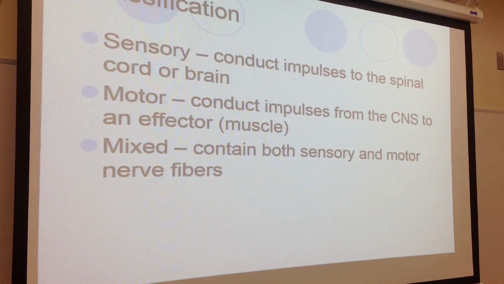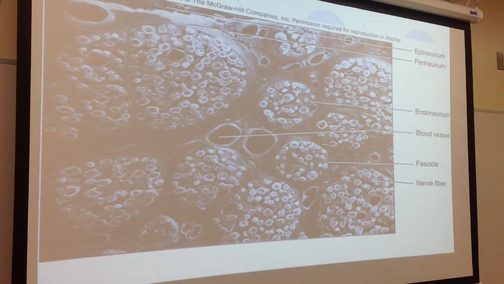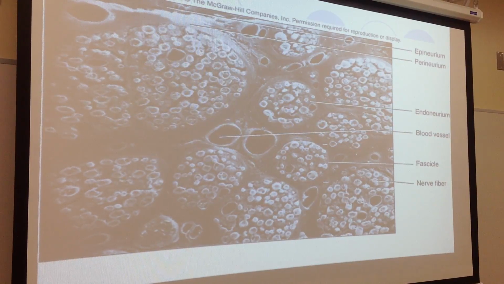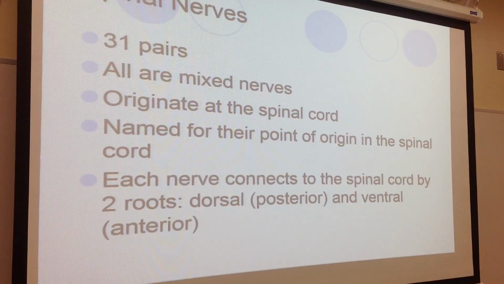And they're mixed together in that nerve. So if we go back and look here, those individual axon fibers that you see there, some of them are sensory and some of them are motor, because you're going to find packaged up in a peripheral nerve both types of nerve fibers. It's not exclusively one or the other.